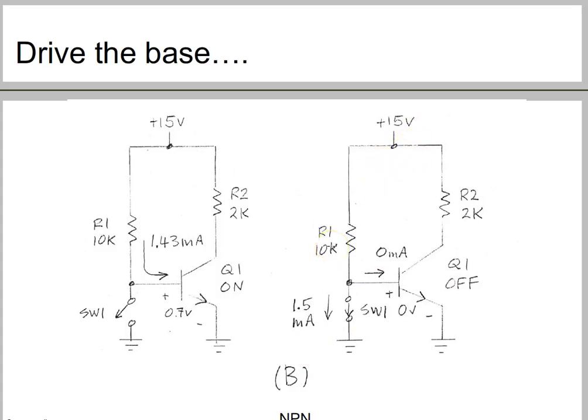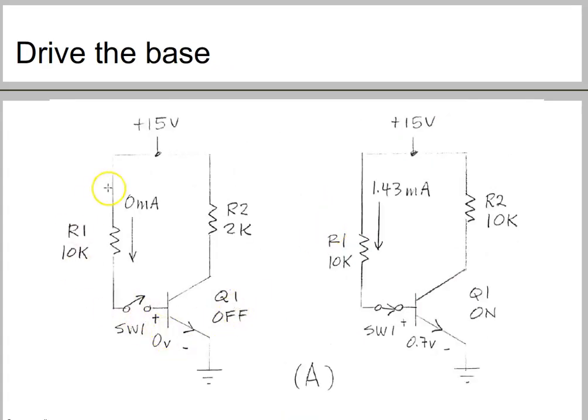So here the key ideas are that in the first method, when your switch was in series with the base, when the switch is closed, then the base current flows and the transistor turns on, and when the switch is open, no base current flows and the transistor is off.